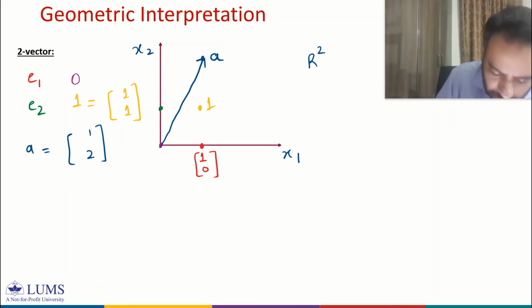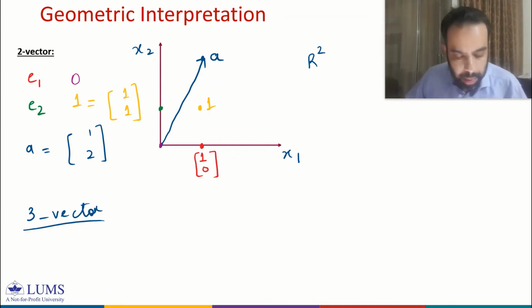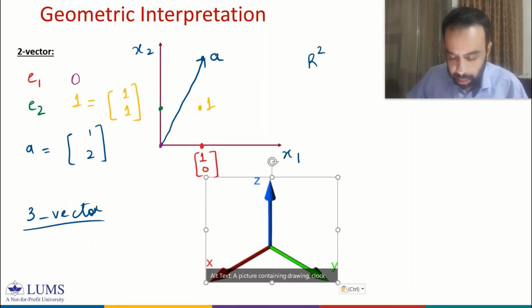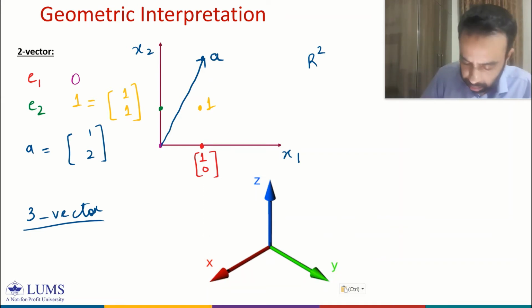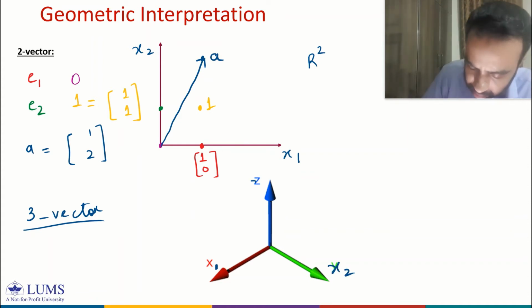Similarly, we can talk about a 3-vector. Any 3-vector that consists of 3 entries, 3 real numbers, can be represented by a point in a 3-dimensional space. To be consistent, we say this axis is x1, this is x2, and this is x3.